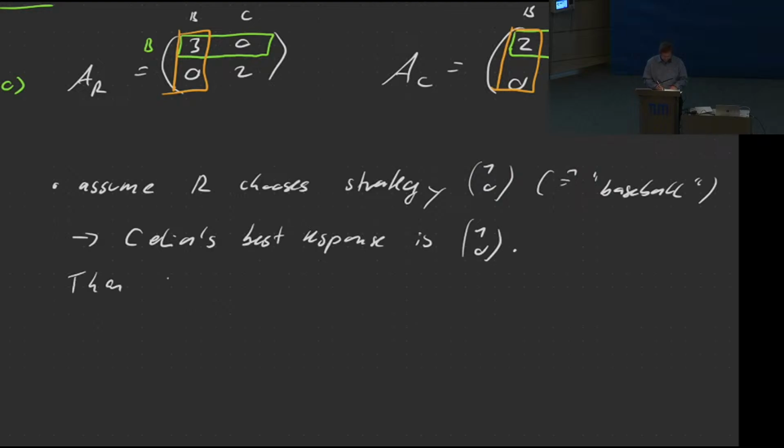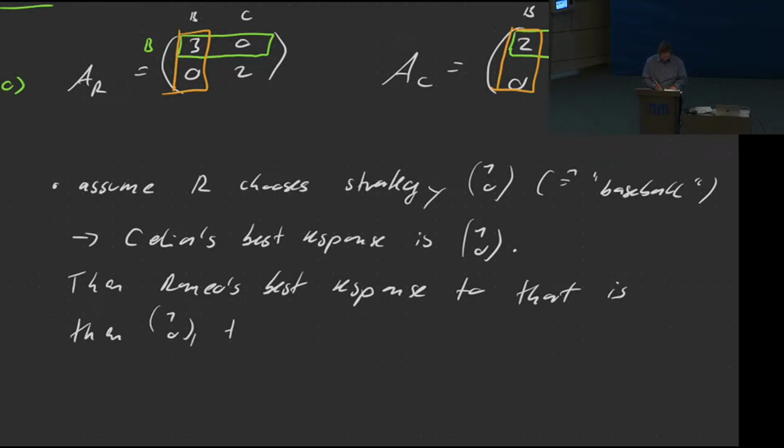So then, Romeo's best response to that is then 0, 1, and that is the strategy we have chosen initially.